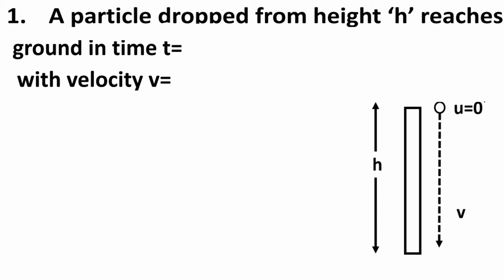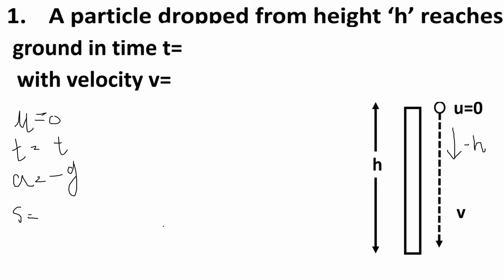Initially the particle was at rest, so we will take u equal to 0. Let t remain t only. Acceleration, as we just said in the previous slide, is always minus g, and the distance traveled is minus h because it is going downwards. So it will be minus h height, and velocity will remain v.